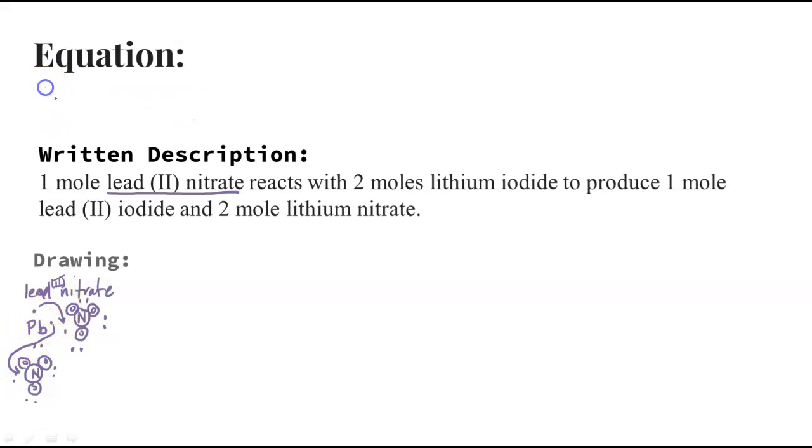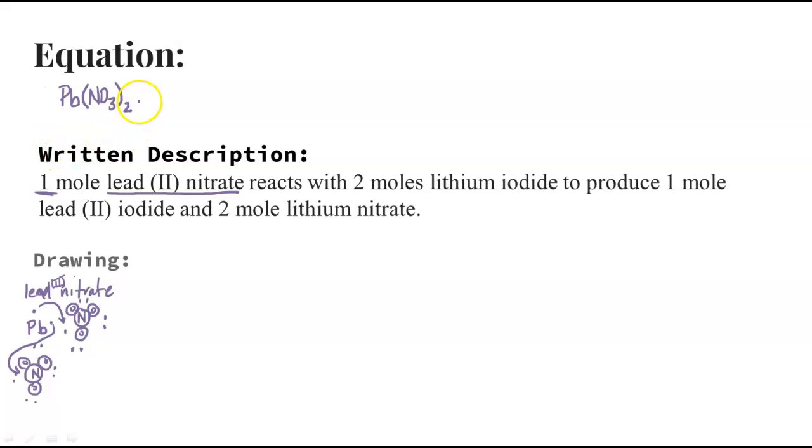So that means in our equation that we're going to count this out. We have 1 lead and 2 nitrates, like we've been doing this semester all along. I'm told there is 1 mole of this, so I leave this area blank.